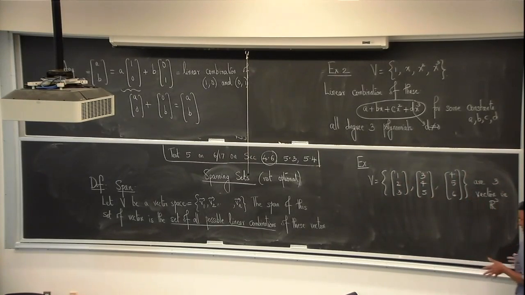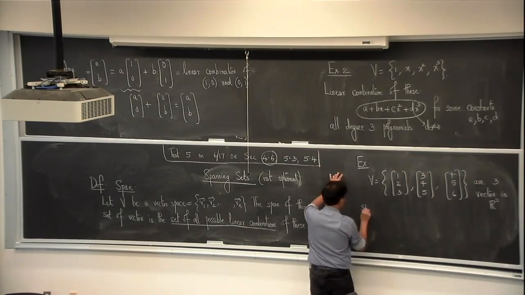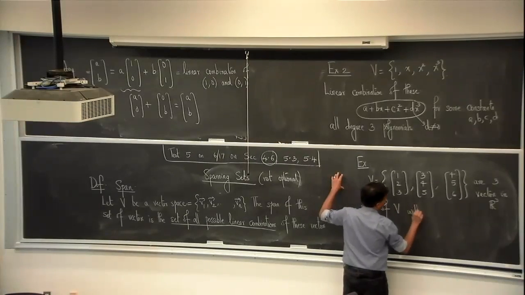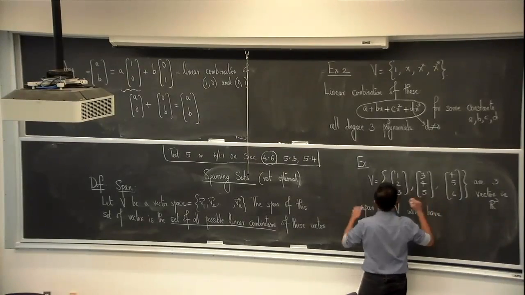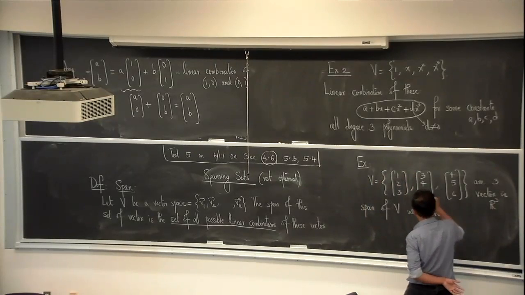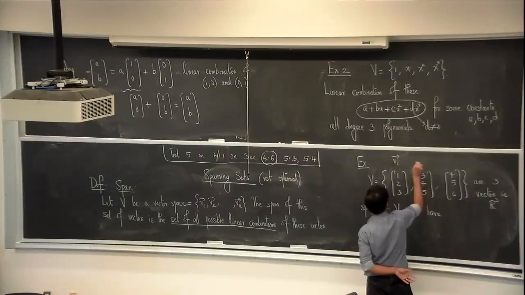So when somebody says, let's take the span of V, that means you just add them, subtract them in all possible ways. Since these are an inconvenient set of vectors to keep writing, let's name them V1, V2, and V3.